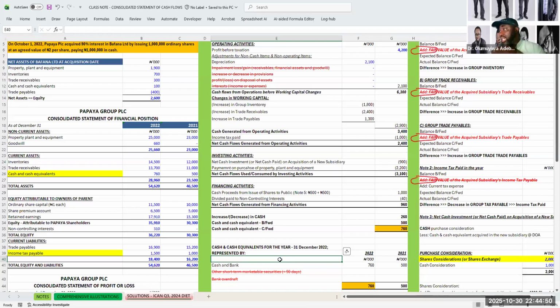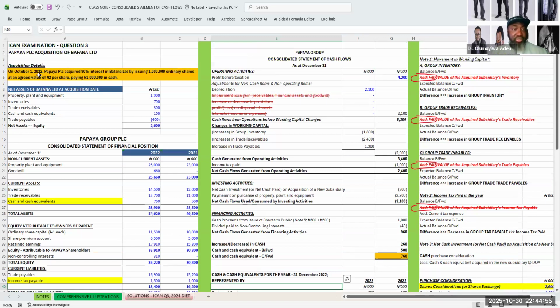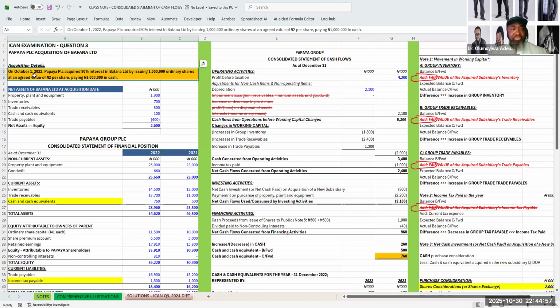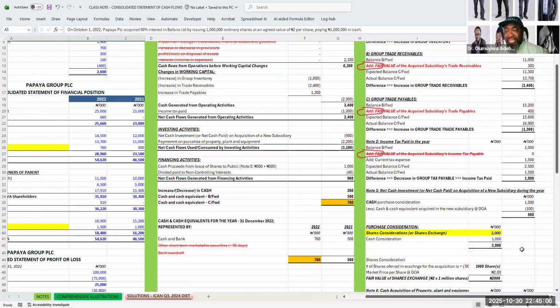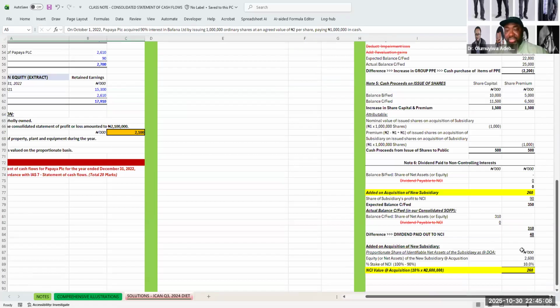Somebody asked, where did we get 90? We got 90 from the question. On October 1st, 2022, Papaya PLC acquired 90% interest in Bafana, and that is how we are able to determine that NCI is 10%.